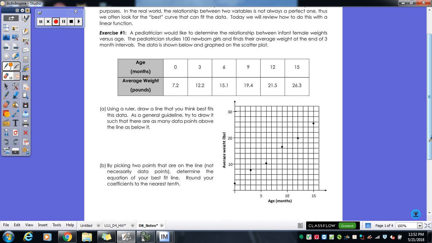So 0, 7.2, each line represents 2. So 2, 4, 6, 7.2 should be about there. We got to fix our points.